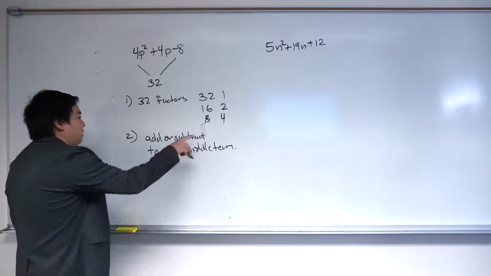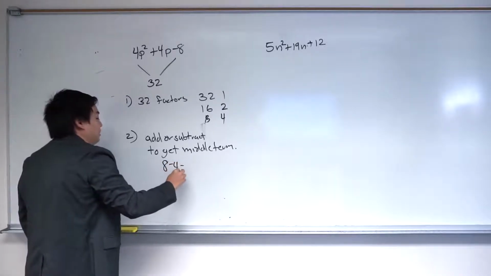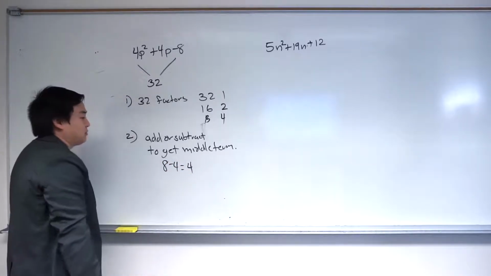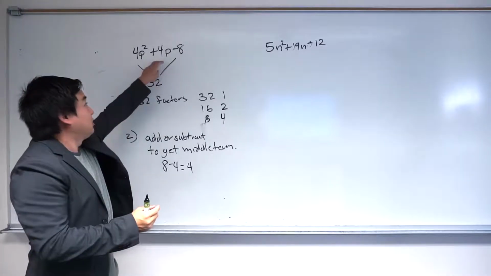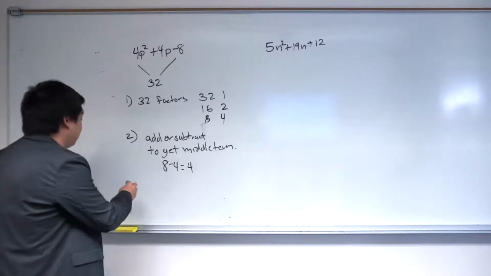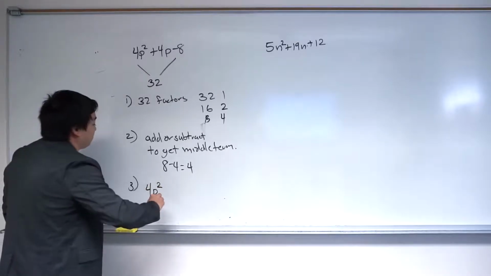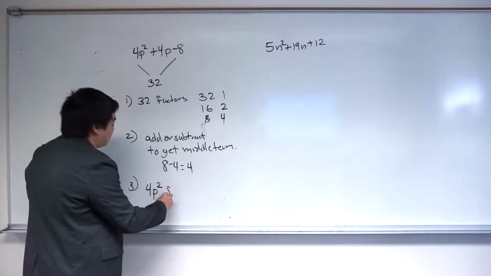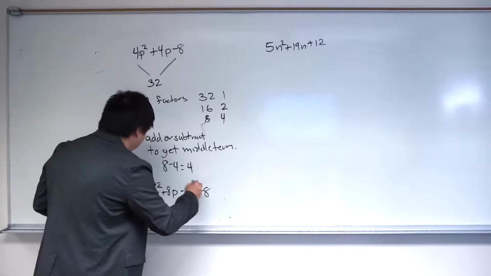So is everyone okay with these numbers, that 8 minus 4 is 4? And what you do with those numbers is you split the 4p into 8p minus 4p. So step 3 is to write it as 4p squared plus 8p minus 4p minus 8.